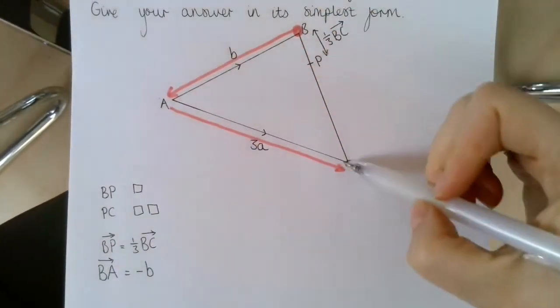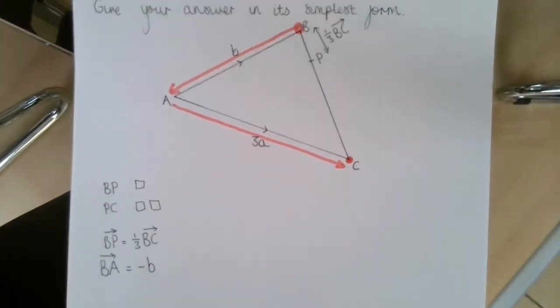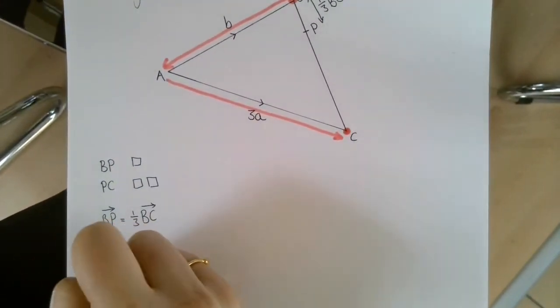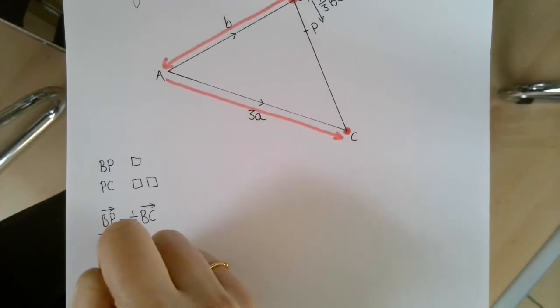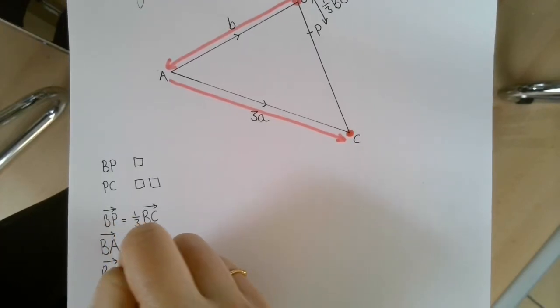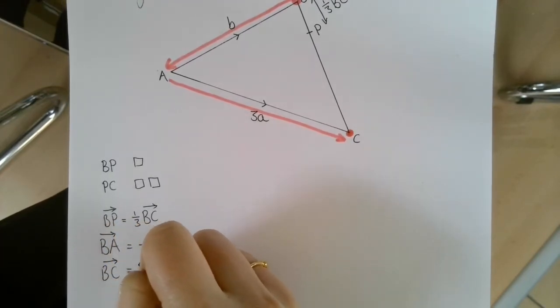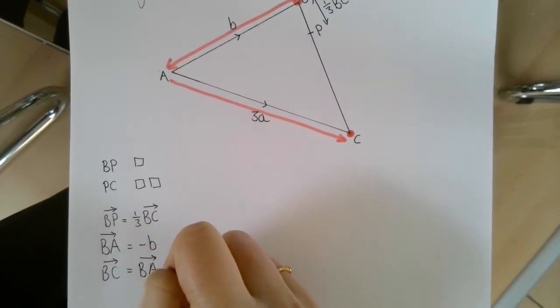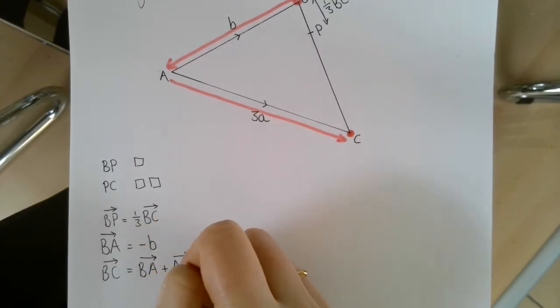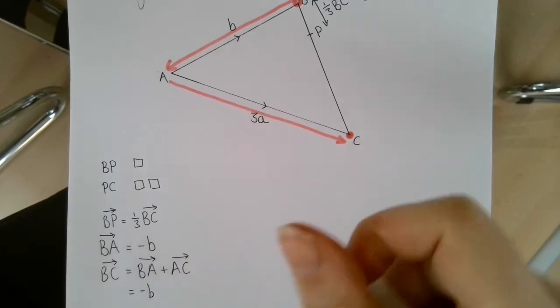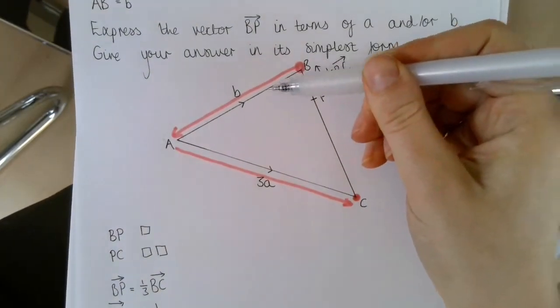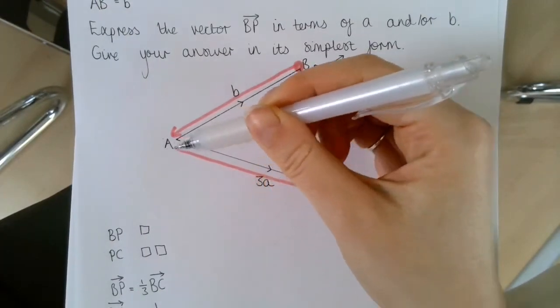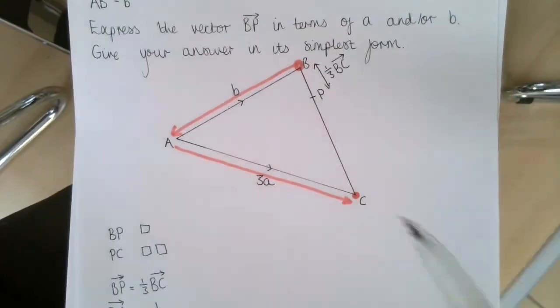The vector AC, that is 3a. So my vector BC, that's equal to BA plus AC, which is equal to negative b, so we're going to negative b, and then 3a.